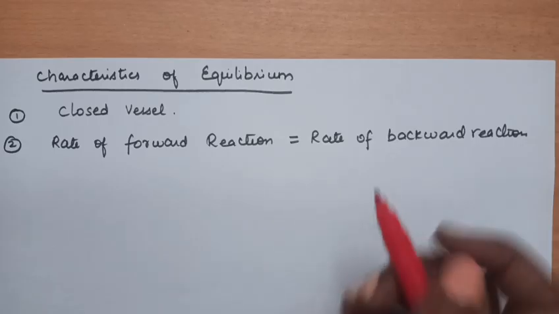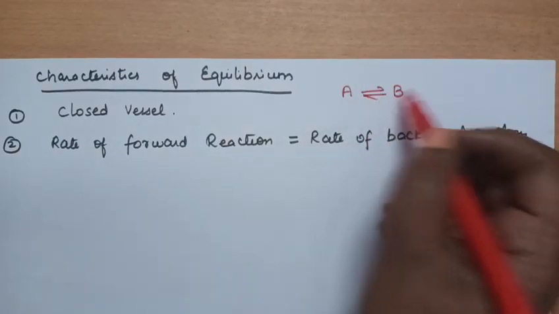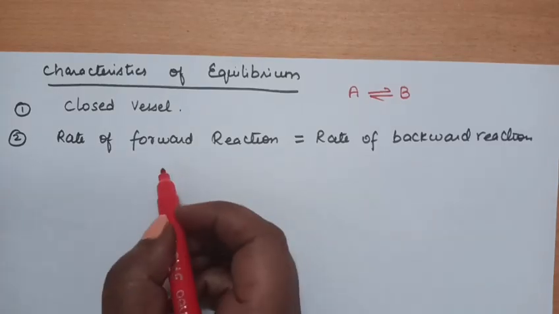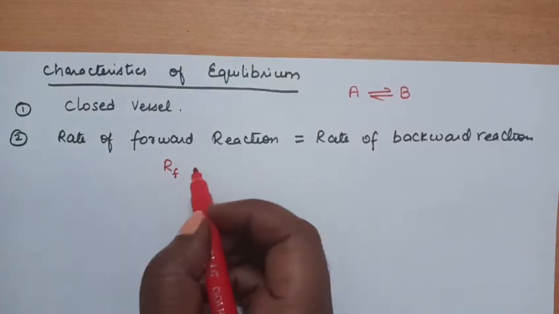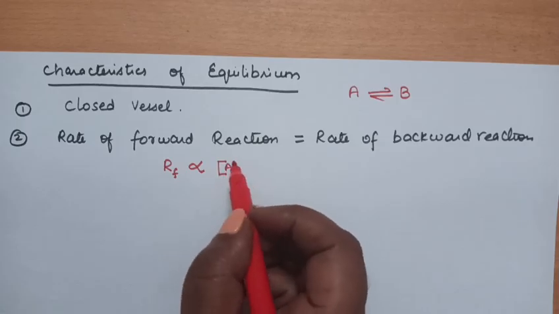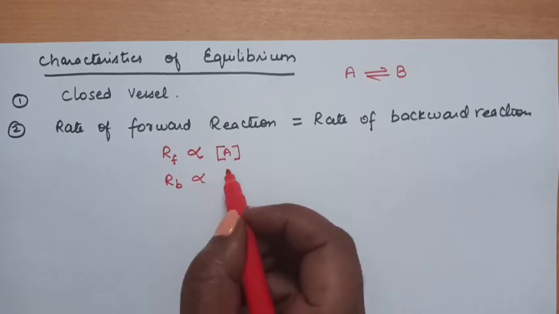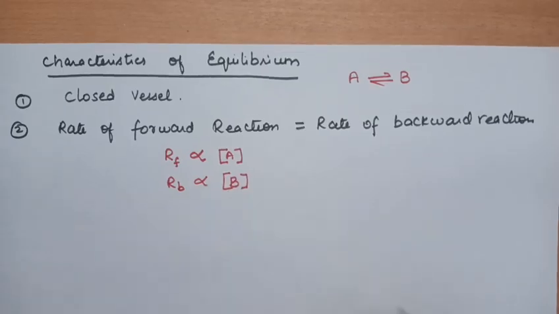For example, if you take a reaction A forming B, here you can write the rate of forward reaction is directly proportional to the concentration of the reactant, and the rate of backward reaction is directly proportional to the concentration of the product.